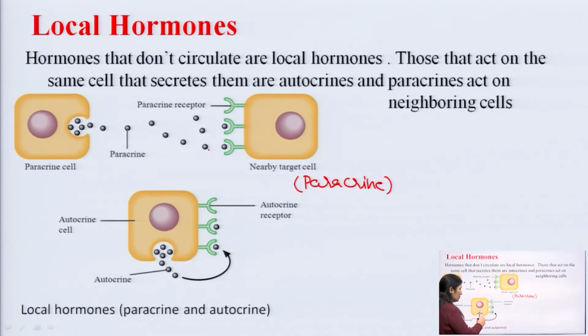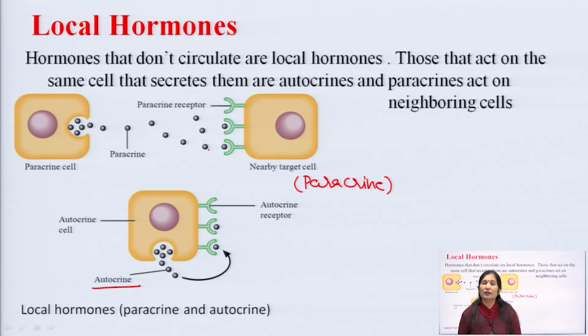When these hormones are released and act on their own cell, where they were released from, they are known as autocrine hormones. So, local hormones act either on the same cell that secretes them, and are known as autocrine, or on the neighboring cell, and are known as paracrine hormones.